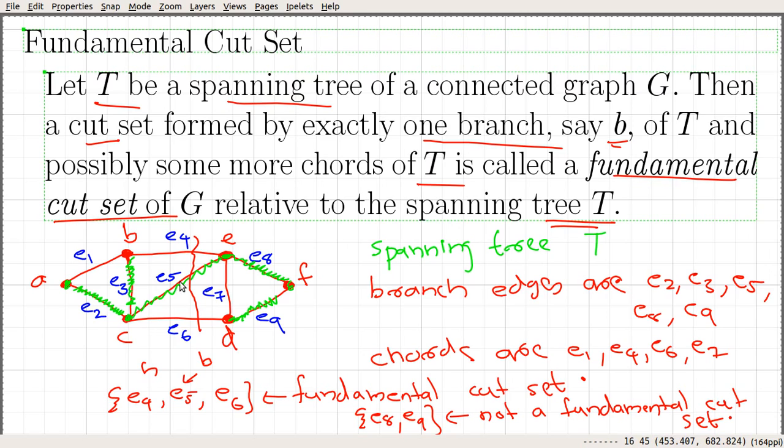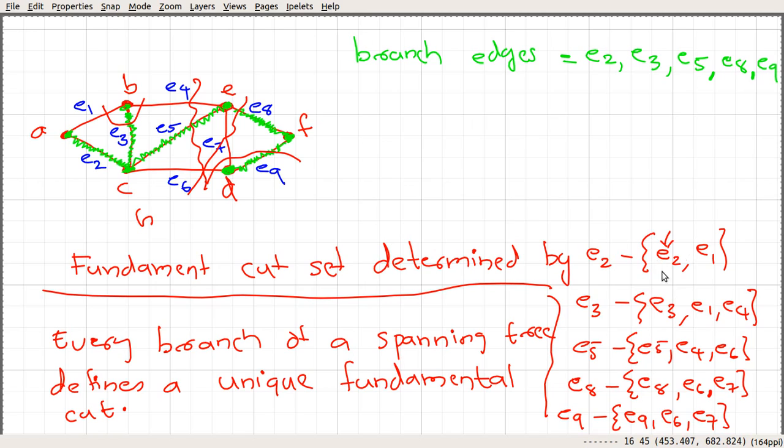If we take a different spanning tree, we will get a different set of fundamental cut sets. It may not be equal to these. These fundamental cut sets are with respect to this spanning tree.